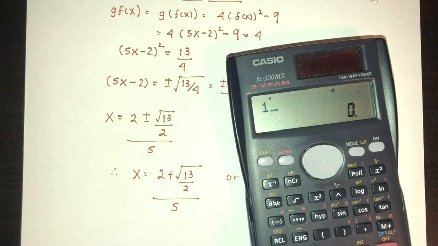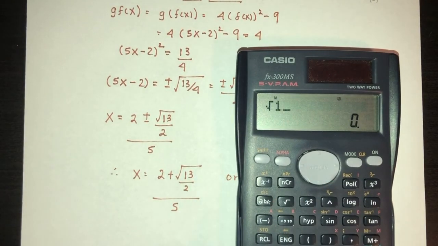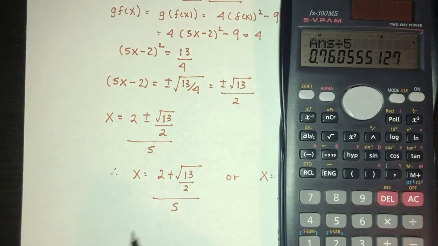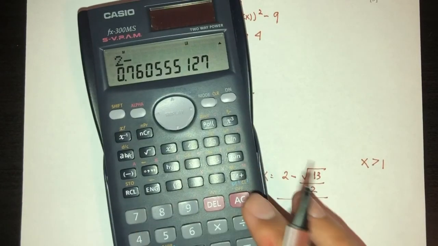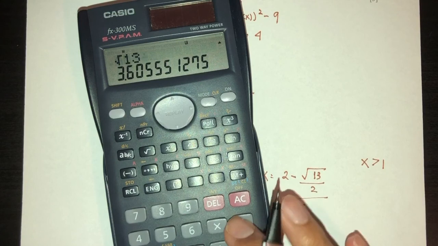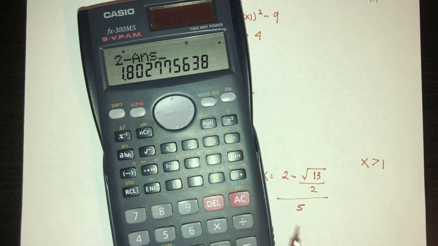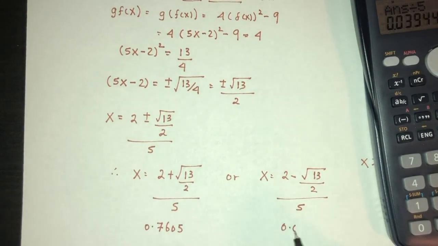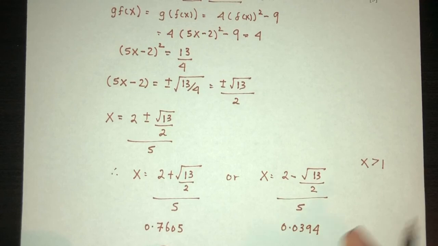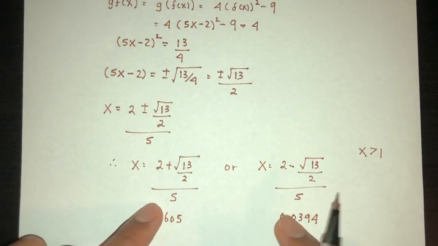You will have 2 plus root of 13 divided by 2, divided by 5. It is 0.7605. How about this one? 2 minus root of 13 divided by 2, divided by 5. That is 0.0394. So you can see both are less than 1, so neither will be the answer.